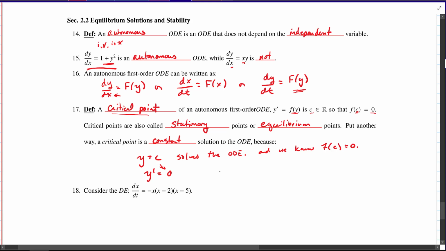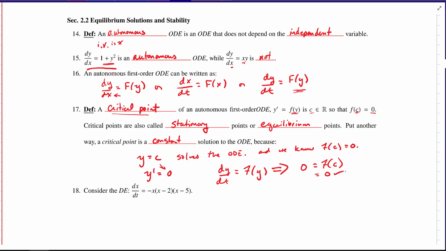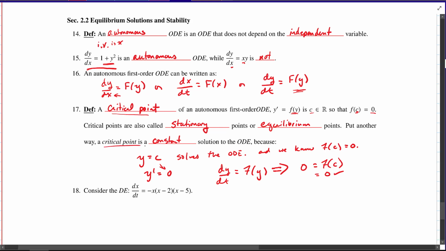And so into dy/dt equals f of y, if we plug in the solution c, the y prime would be 0 on the left-hand side, and on the right-hand side we'd have f of c, but we just said that is 0, and so we end up with the identity 0 equals 0. So constant solutions stem, for autonomous ODEs, from those critical points. So finding those critical point solutions is absolutely essential, and what's nice is it's actually not too hard to do so.